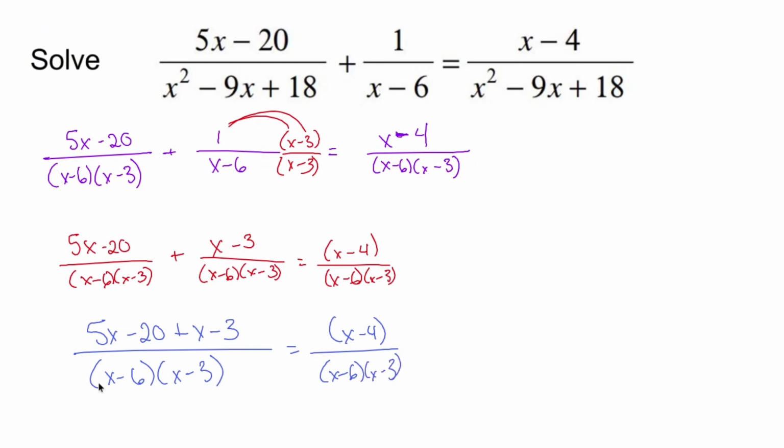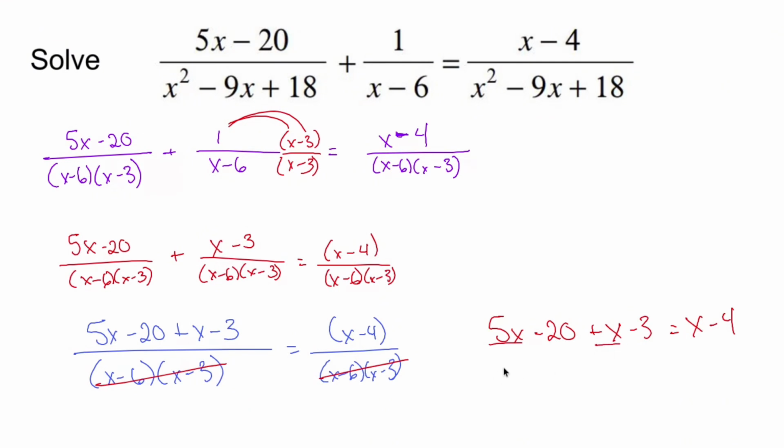What I can do is get rid of these denominators. These denominators aren't necessary anymore because if I have something over a denominator equals something over the same denominator, the denominators are not necessary. I don't need them. So I have 5x minus 20 plus x minus 3 equals x minus 4.